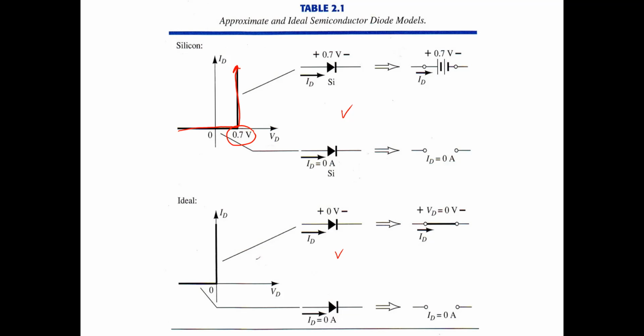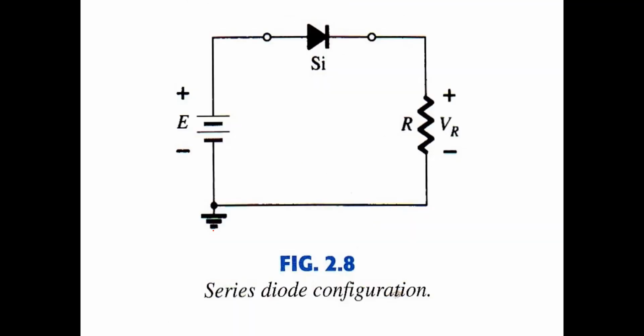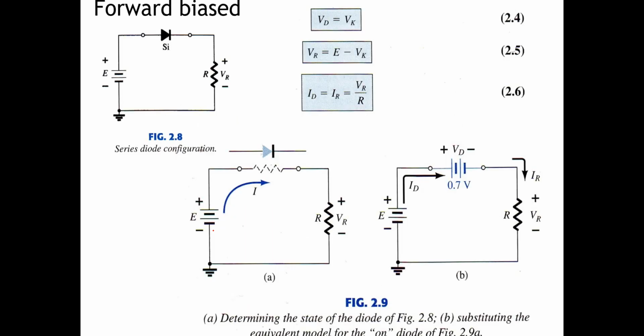In the ideal model, Vk is similar to 0, so if the diode voltage VD is equal to 0, there is a current here. So this is the series diode configuration.